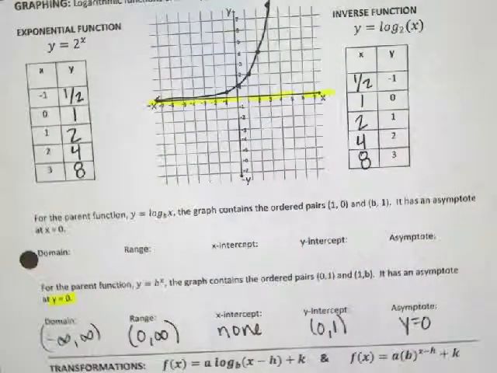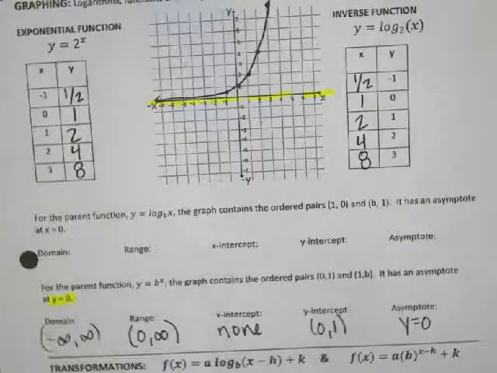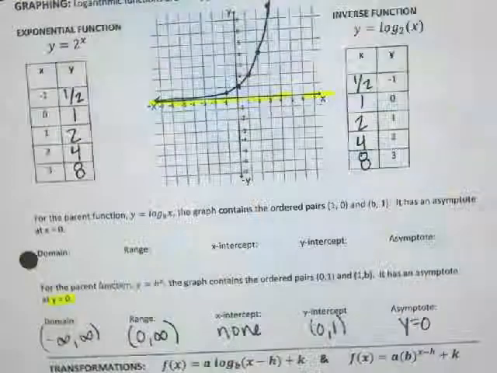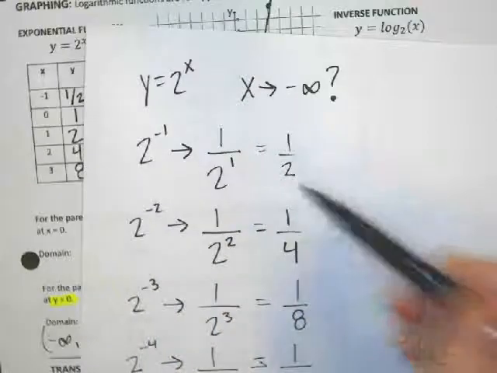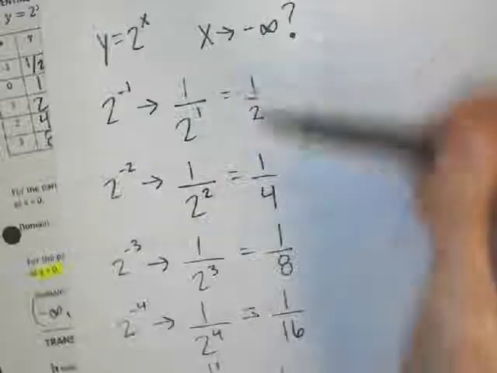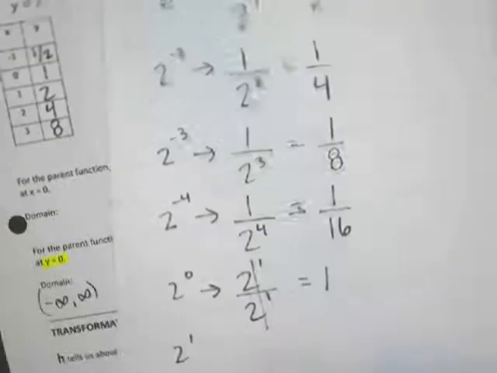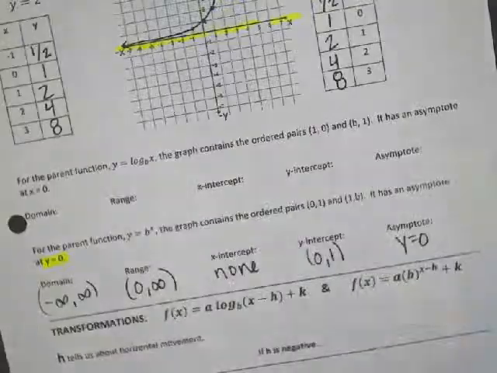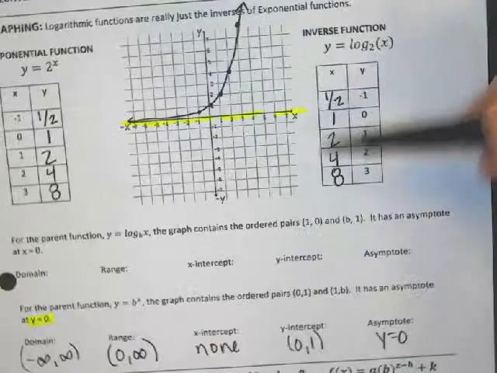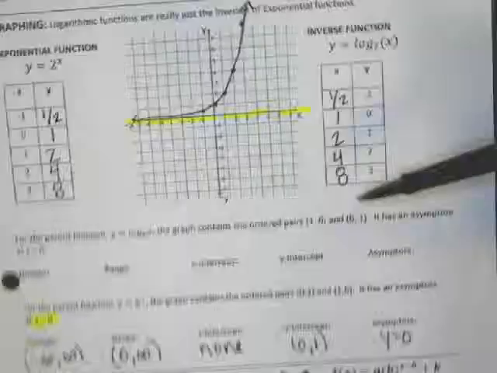Were we ever getting negative values as an output for exponential? No, because what happened when we plugged in negative numbers? It didn't give you a negative, it gave you a fraction. So we didn't get any negative numbers at all when we were plugging in all the x's. So then if I wasn't going to get any negatives for my y's, should I have any negatives here for my x's? No, because it's the inverse.